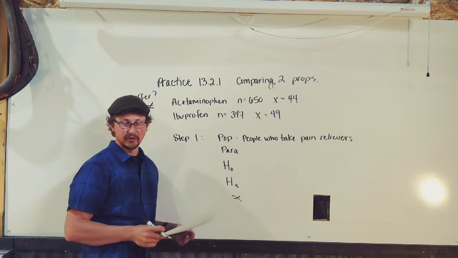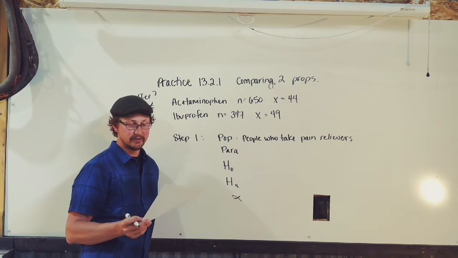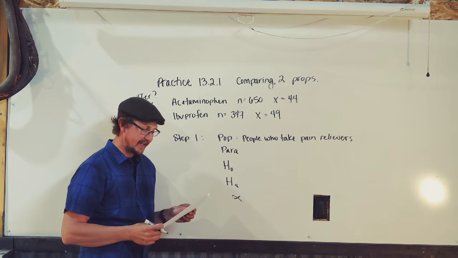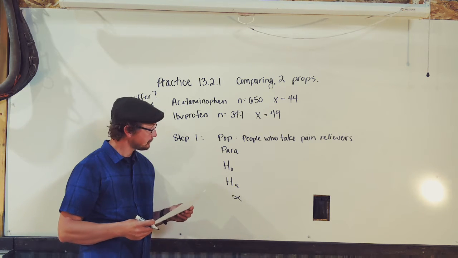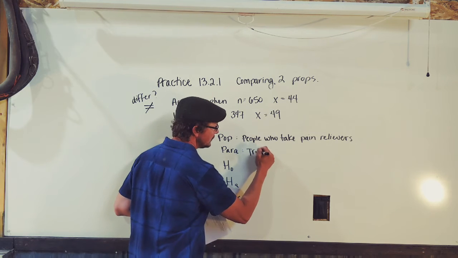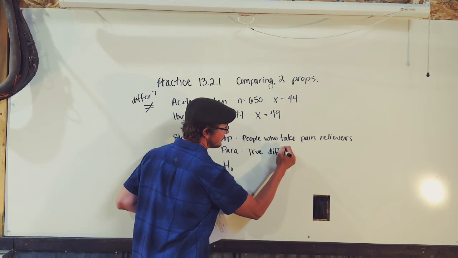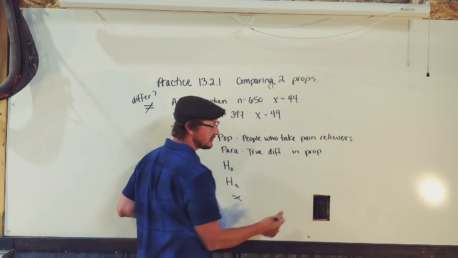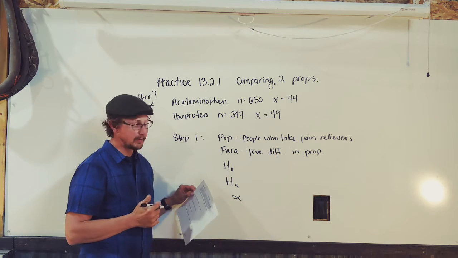This isn't folks who are on Oxycontin or Hydros or whatever. This is just over-the-counter. I've got a headache or a kink in my neck. And then my parameter, we're looking at the true difference in proportion. So we want to see if there is a difference between these two proportions.